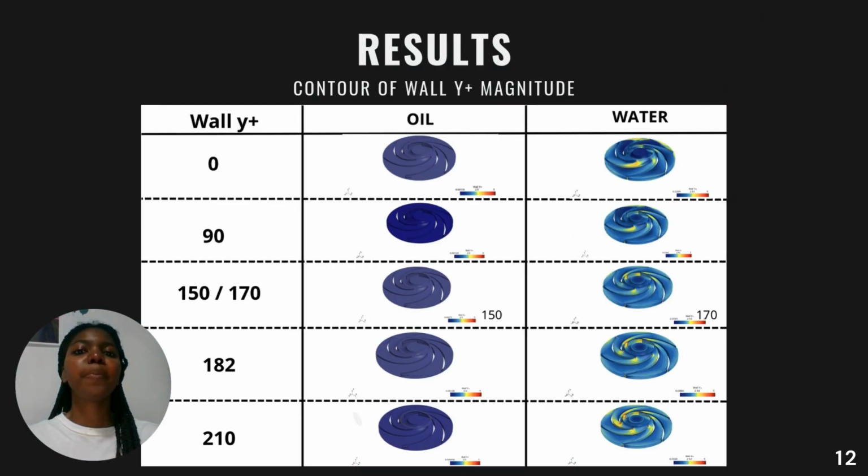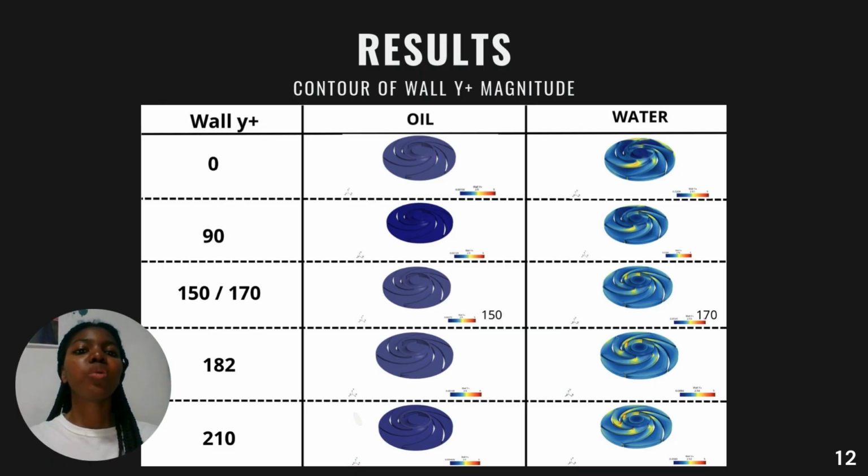The wall Y plus is a key parameter in CFD that tells us how well our simulation captures the flow right next to the pump walls. In all our simulations, the Y plus values were consistently below 5 for both water and oil across all flow rates. This is ideal.